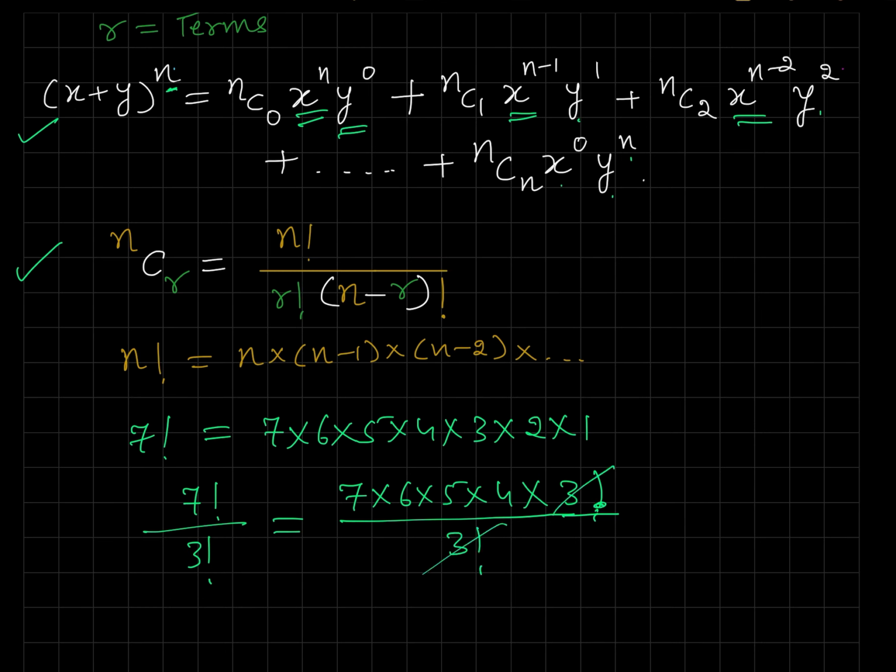The 3 factorial will get cancelled and I will be left with 6 sevens 42, and 5 fours 20, so that would be 840. 840 is our answer for 7 factorial over 3 factorial. This is how we simply calculate factorials.